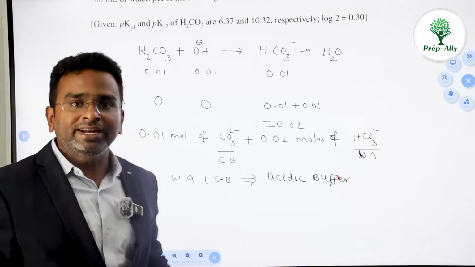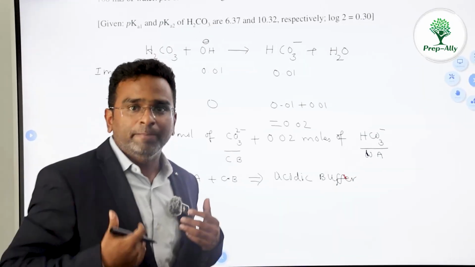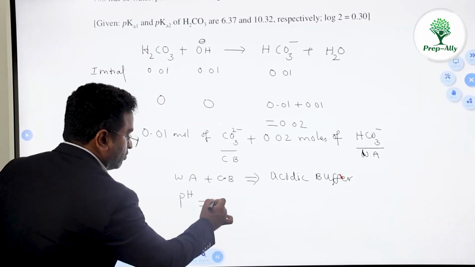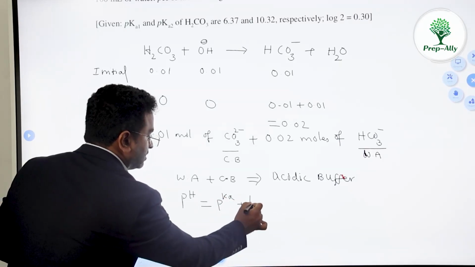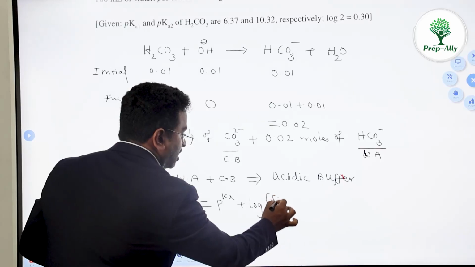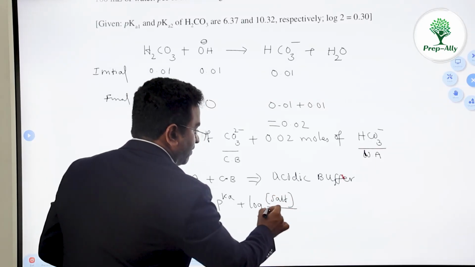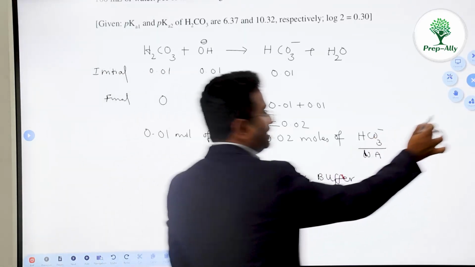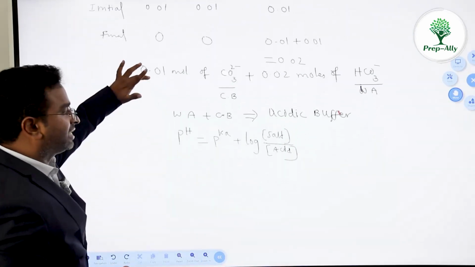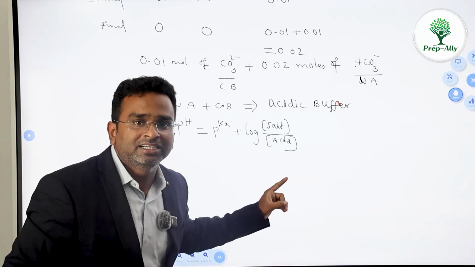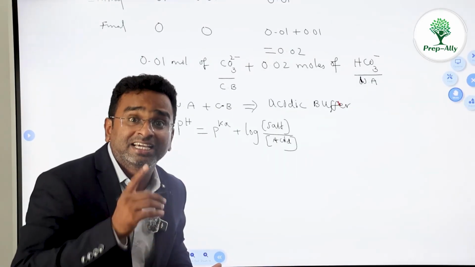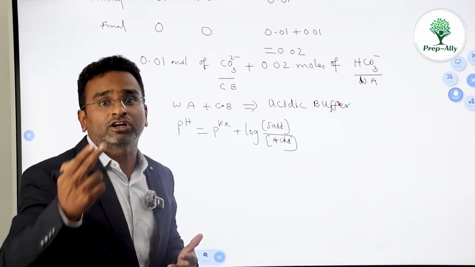Now according to Henderson's equation, the pH of an acidic buffer is given by pH = pKa + log of salt, or you can say conjugate base to the acid. One important thing you need to apply here: who is the weak acid? The weak acid is bicarbonate, which means you need to consider HCO3- as the acid. HCO3- dissociation is Ka2, the second dissociation constant of bicarbonate.